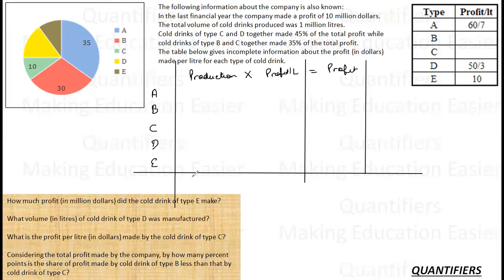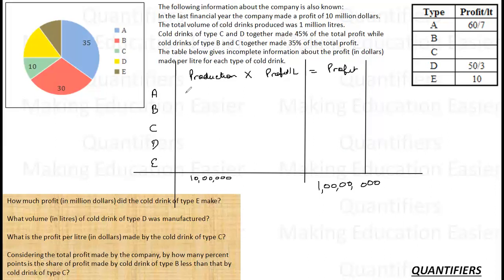Sorry, production is 1 million liters, so 10 lakh is the total production. Profit total is $10 million, which means 1 crore. This is the total profit we have with us.